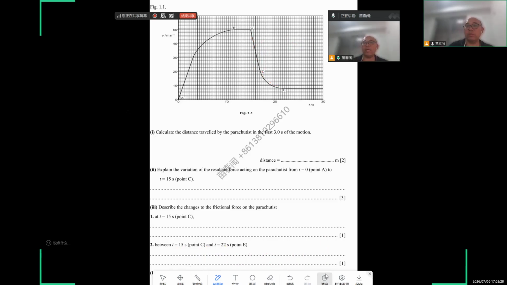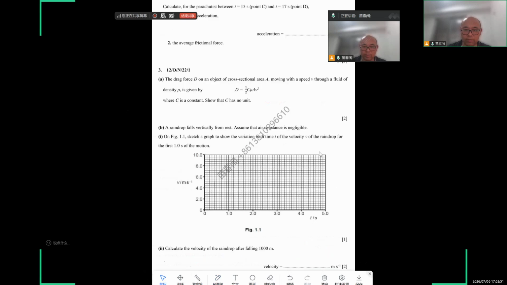So that's why the resultant force decreases, because in here it is unbelievably huge and now you just decrease, until you actually balance it again. And that's only 1 point, I guess that's enough. Okay.